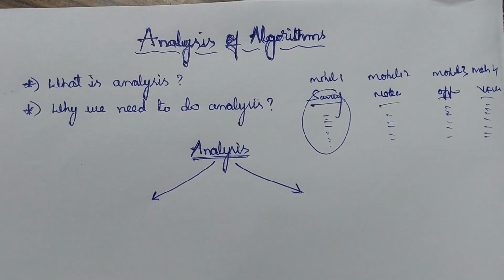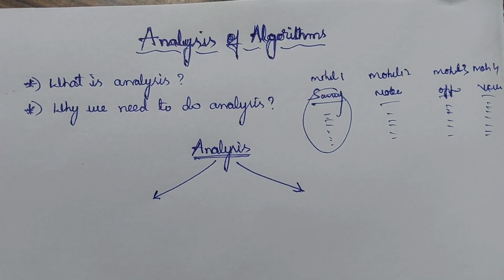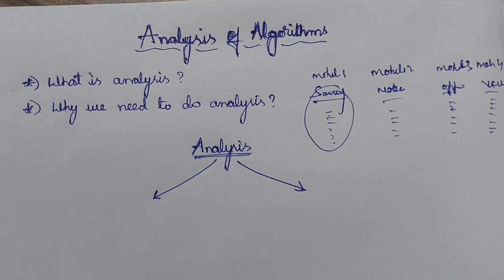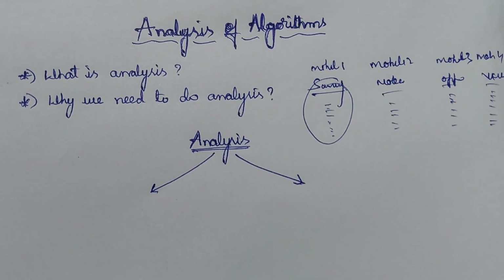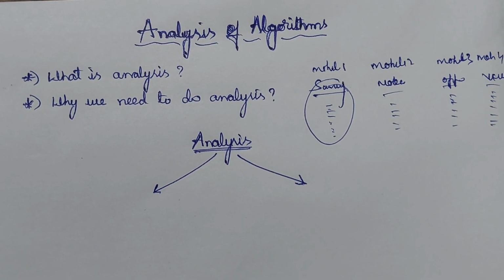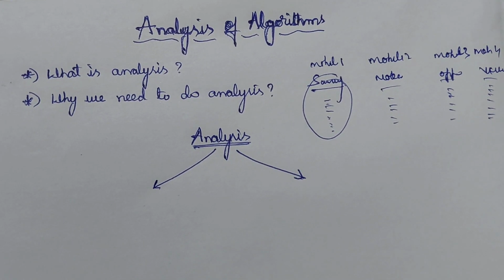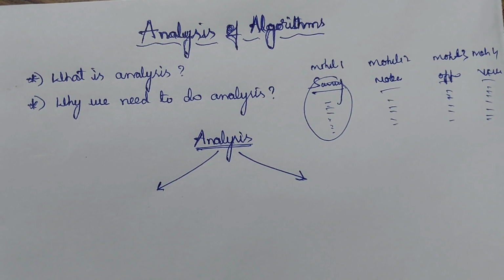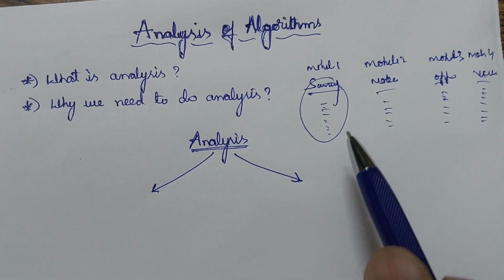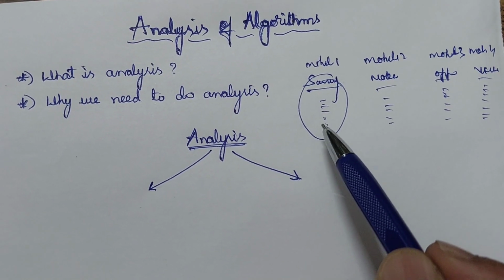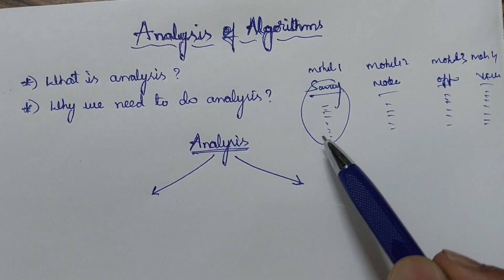We cannot say any one particular algorithm or plan is best in all situations. No, a particular solution is best only in a particular situation. For example, if I say Samsung is best only according to my budget and my features, we cannot say it is best for all.